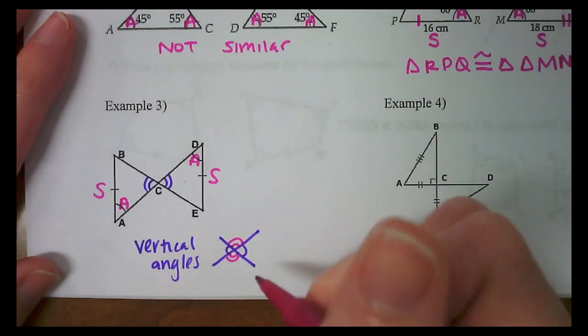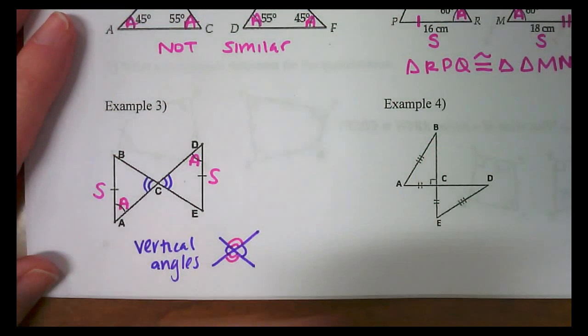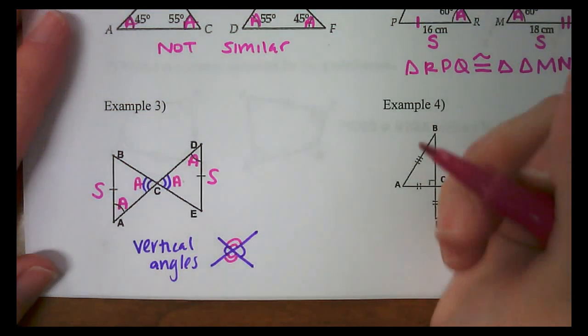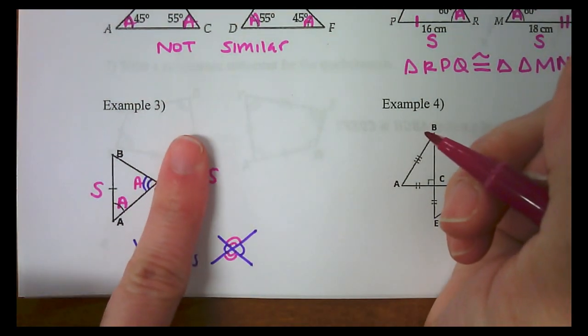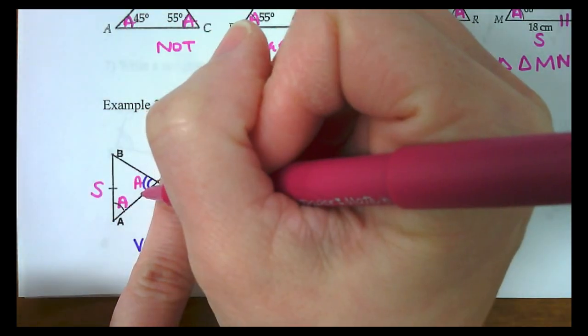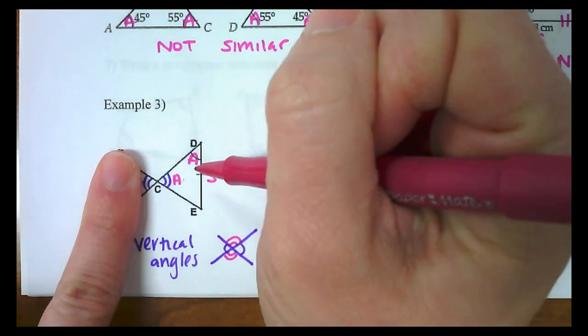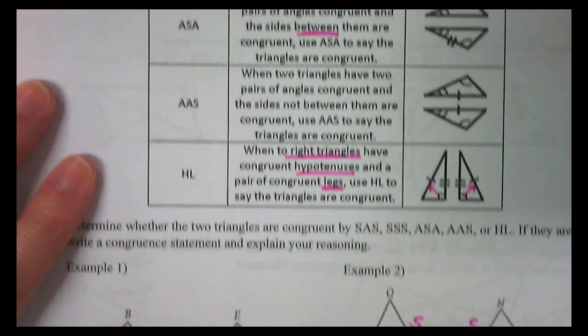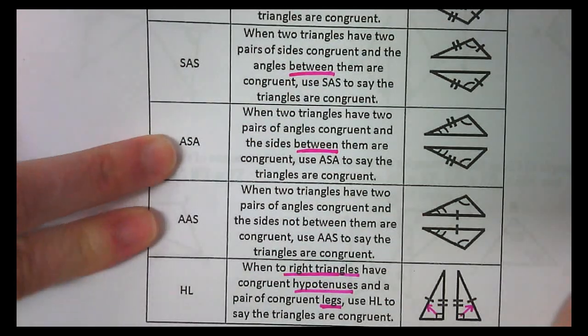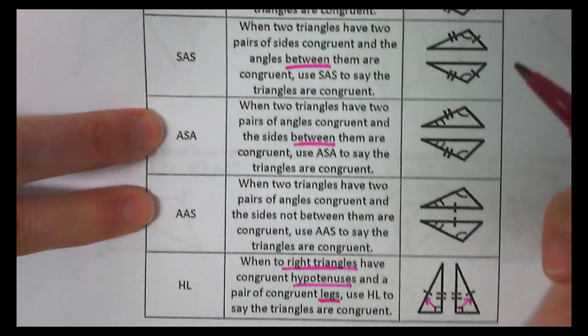Anytime you see an X, you can mark something called vertical angles, and they're going to be the same. So now, in this triangle, if I look at one at a time, I've got a side and 2 angles, and I've got a side and 2 angles. When I look at my list of shortcuts, a side and 2 angles is going to be one of these.